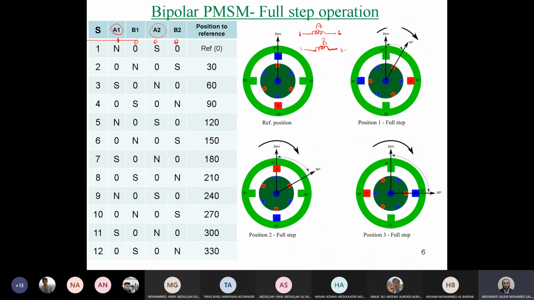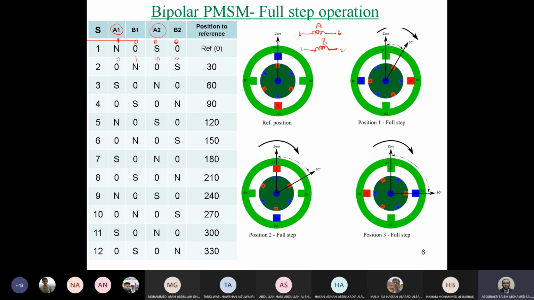So let's go to the bipolar here. 0, 1, 0, 0. And unipolar 0, 1, 0, 0, which is equivalent to 0, N, but not 0, 0, because the end of the coil has to be opposite to the beginning.